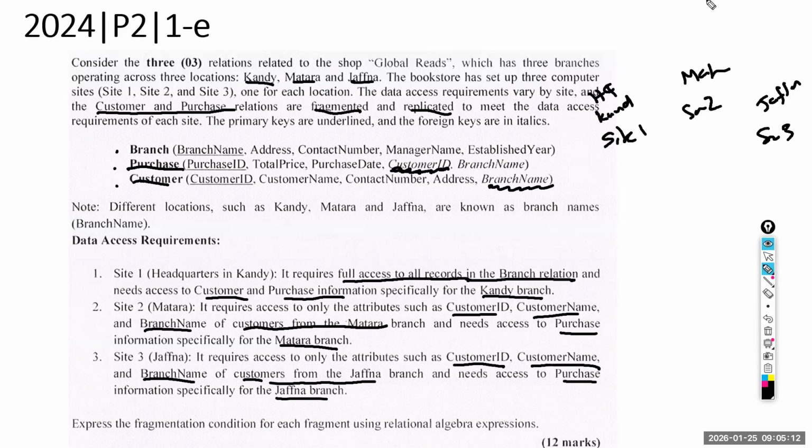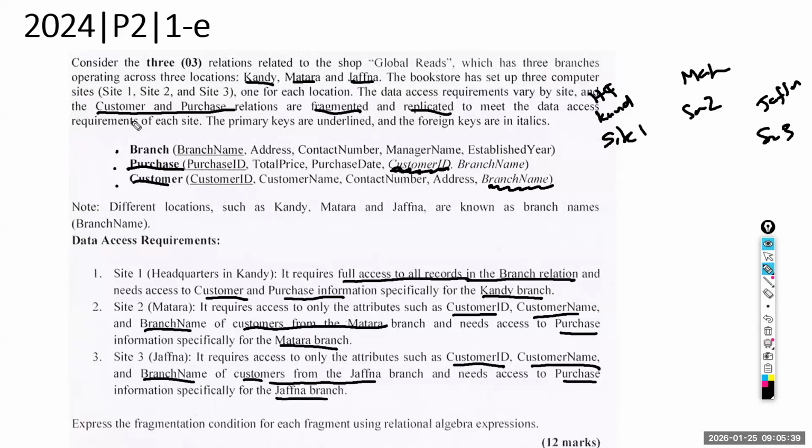Therefore, for site 1 you need full access to branch, plus you need to have a horizontal fragmentation. We are going to have three horizontal fragmentations based on branch name.